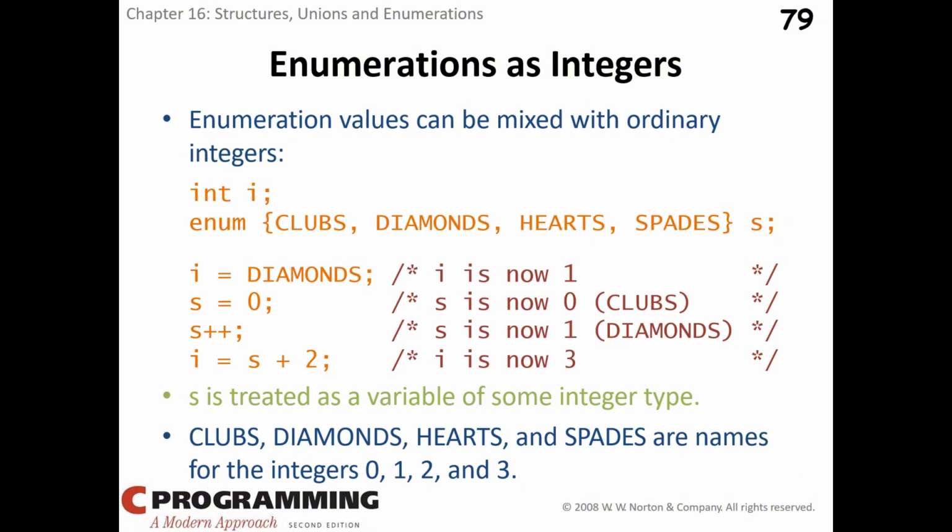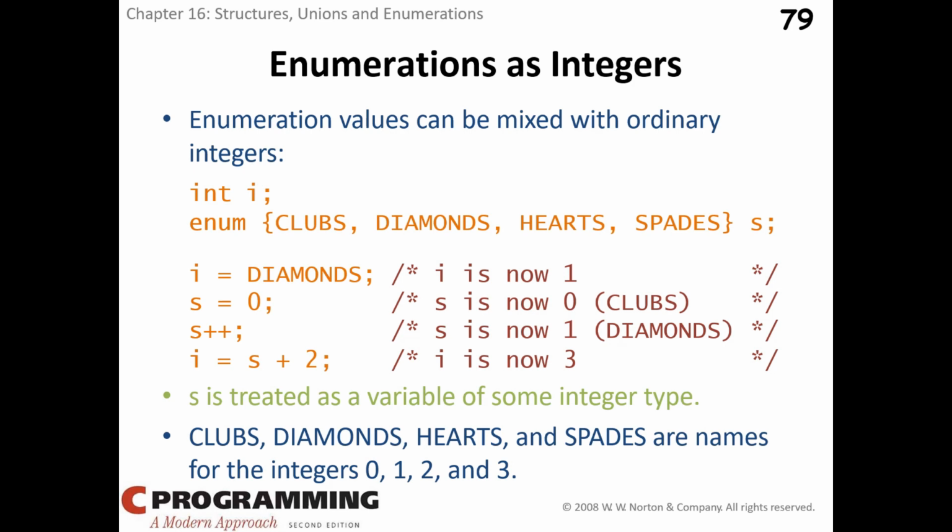In C, enumeration values can seamlessly coexist with ordinary integers. Here in the slide we can see some code. The variable s of the enum type behaves like any other integer variable.